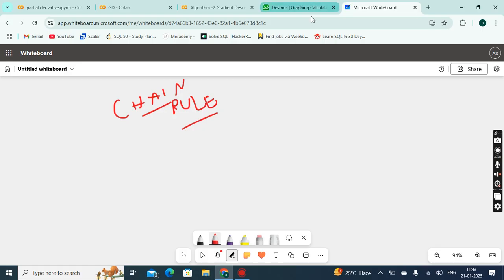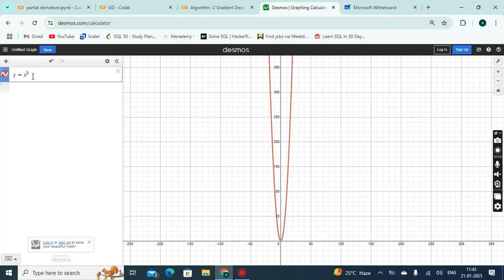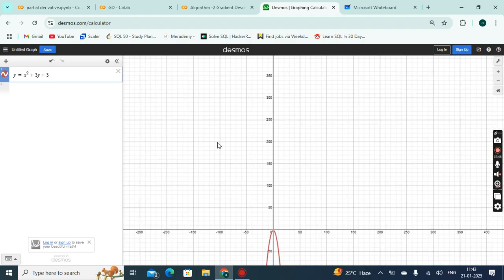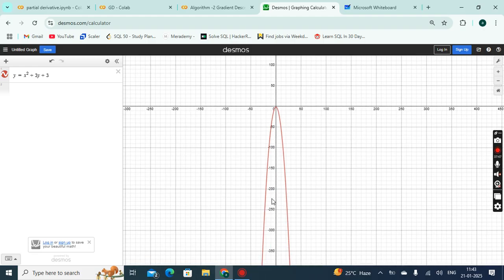Because you won't always have a simple line like this. You can have something like plus 3y plus 3, and you can see how the line is changing. Now if I give it as 30, you can see how the line is changing, right?